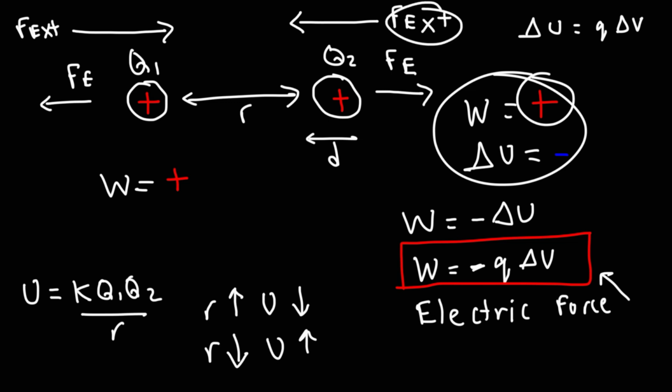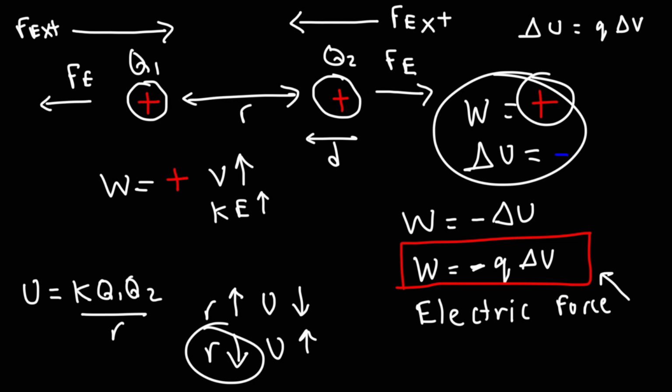If the external force is significantly greater than the electric force, we could have a net acceleration to the left, which means the speed of the charges could be increasing depending on how big this is, which means we could see an increase in kinetic energy. And not only that, as the external force brings the two positive charges closer together, the distance between the two charges is still decreasing, which means that the potential energy is increasing. So the change in potential energy is positive.